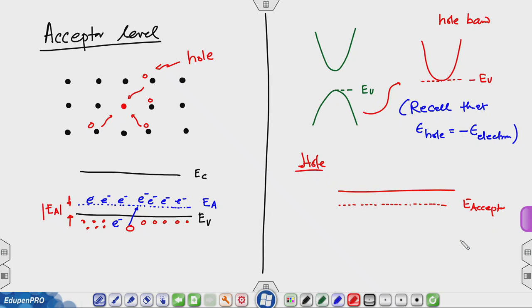And this has lots of holes because there is one electron missing, and they would require some energy E A to get promoted to the hole band.